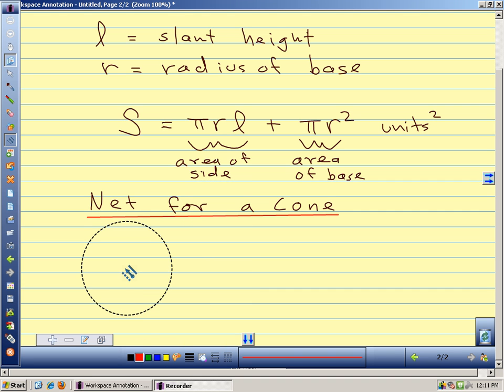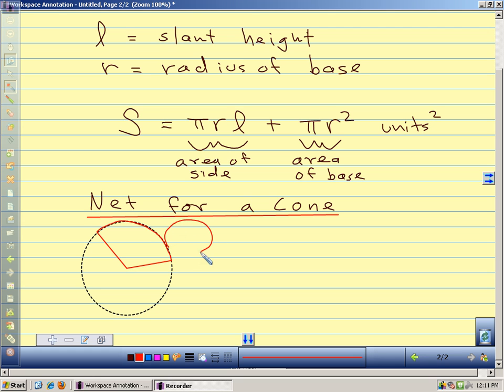We cut a piece out of that, like so, and like so. Then around the edge of that is the part that we're interested in, the part we're going to fold up to make our cone. And then the base is this circle, like so. So our net for our cone is going to look like the red part here.